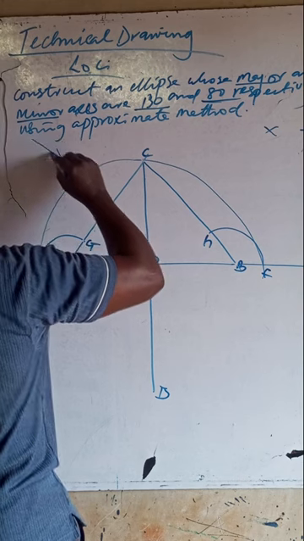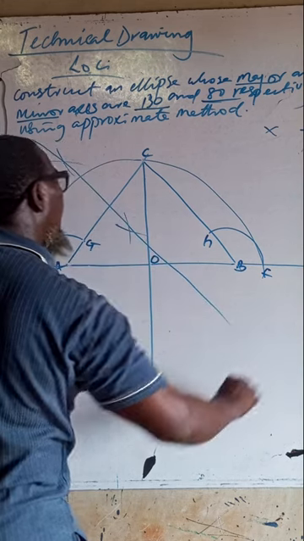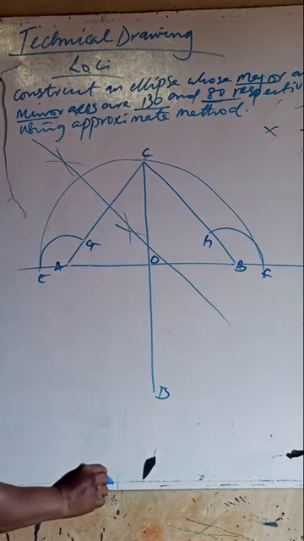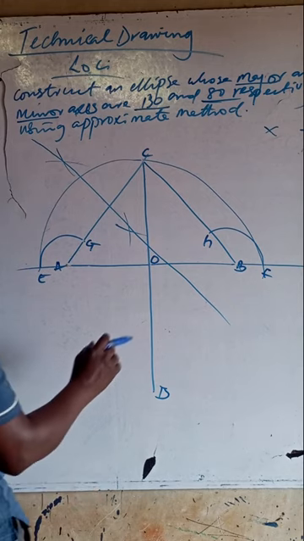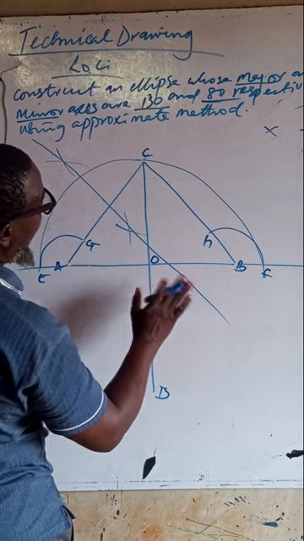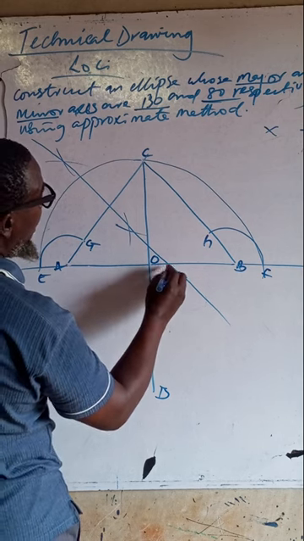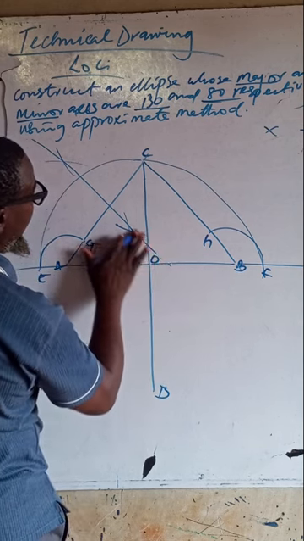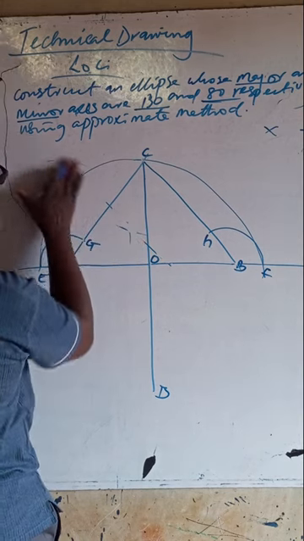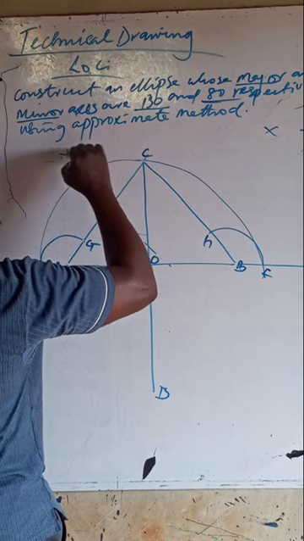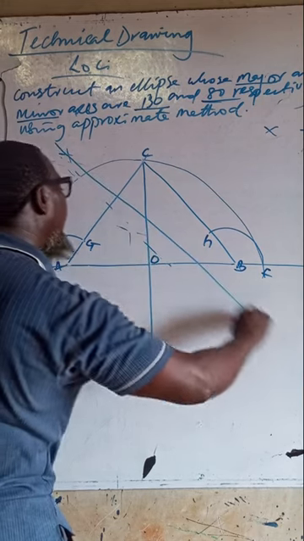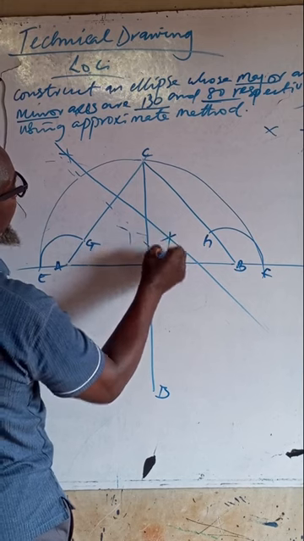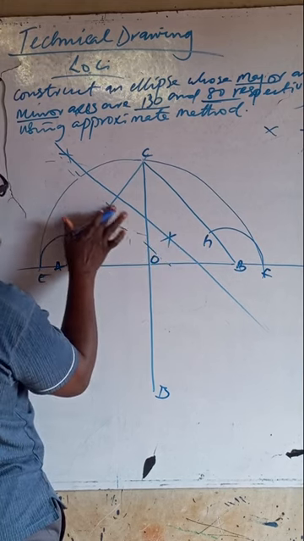Then draw the bisector like this. It may not look exactly like this. Let me readjust it a little. Let's say the bisector is somewhere here, like this. Let's say the other one is here. Let's say this is the bisector now.